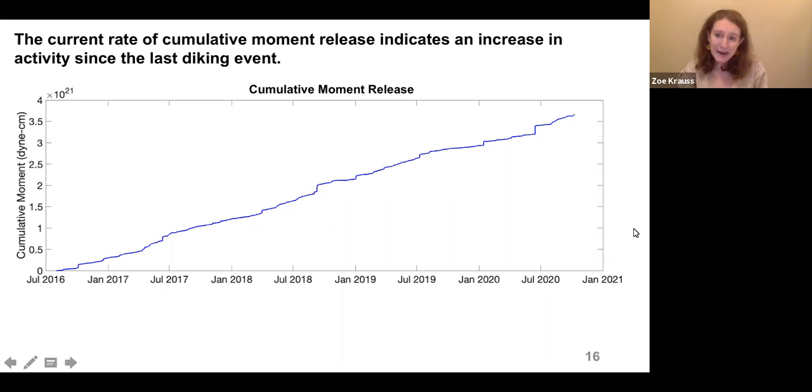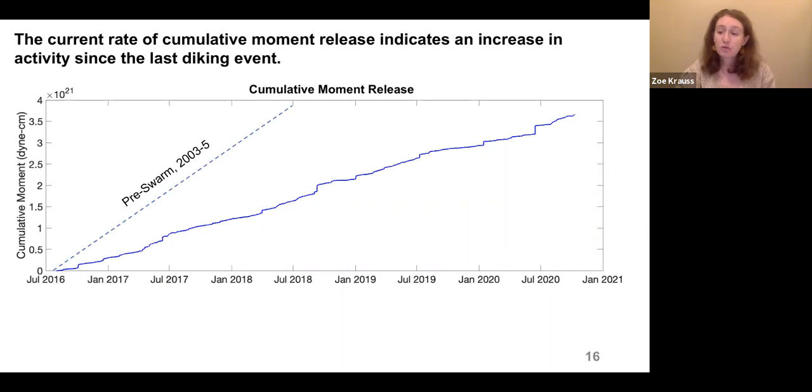But we can compare this moment release rate to what it was back in 2005, before the last dike emplacement swarm, so before extensional strain was relieved. And that rate was about twice what we're seeing today. So we definitely aren't up to the seismicity level that was happening before that last swarm.